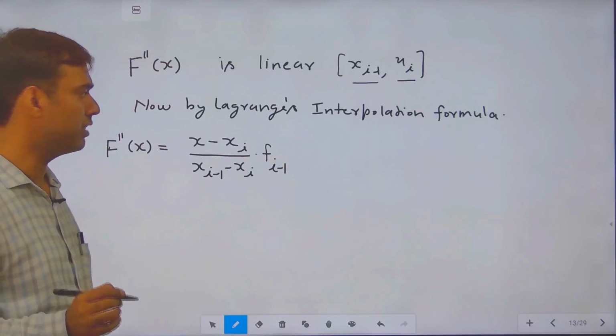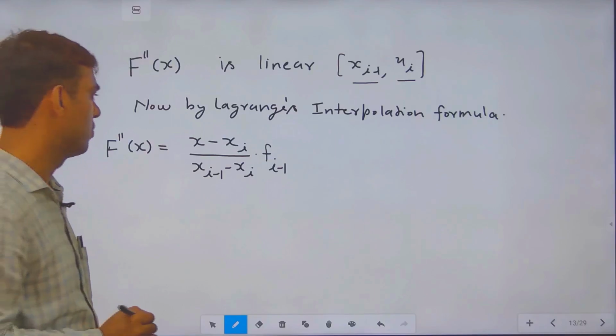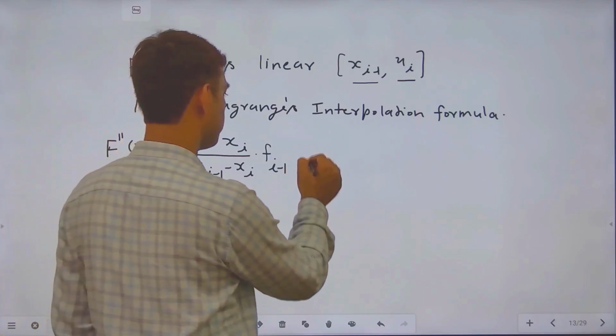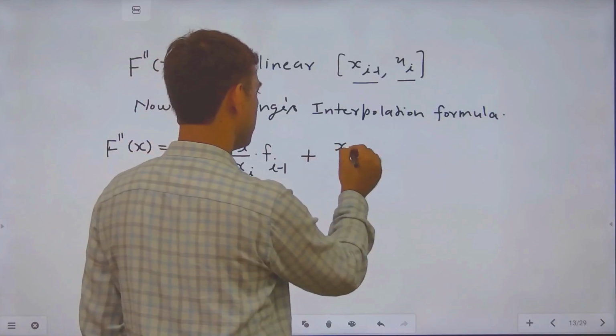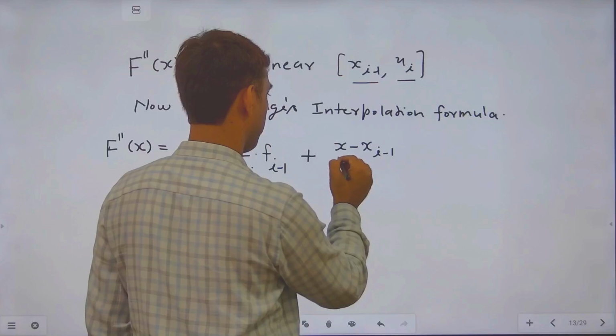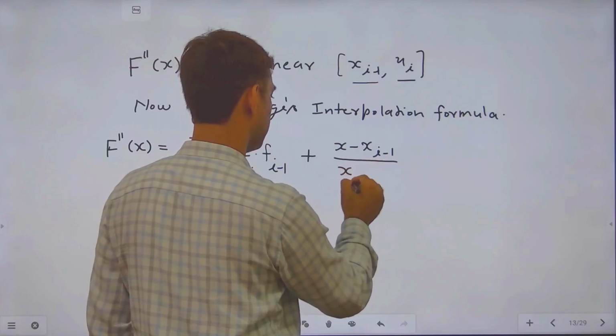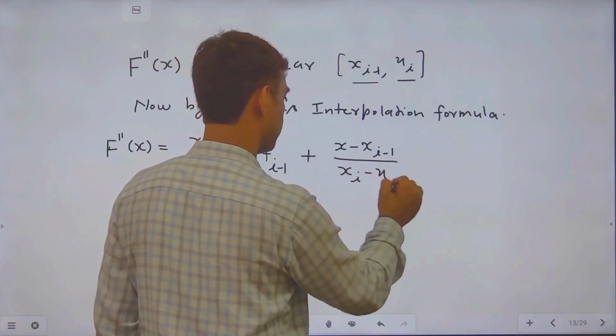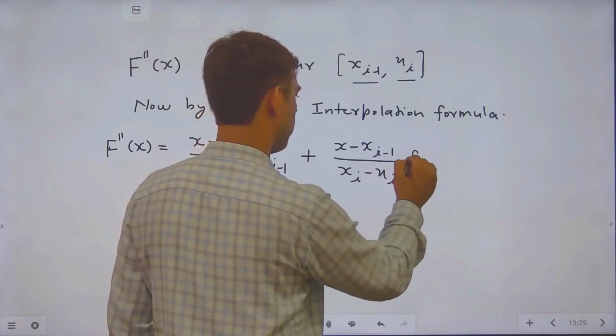What is the value of the function? The value of the function is f_{i-1} plus (x minus x_{i-1}) divided by (x_i minus x_{i-1}) f_i.